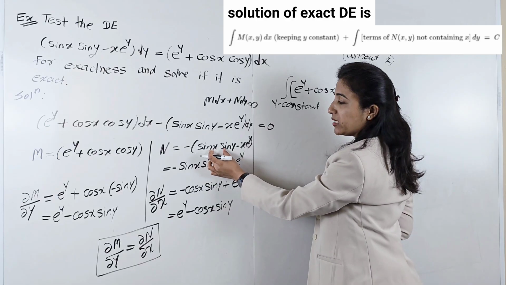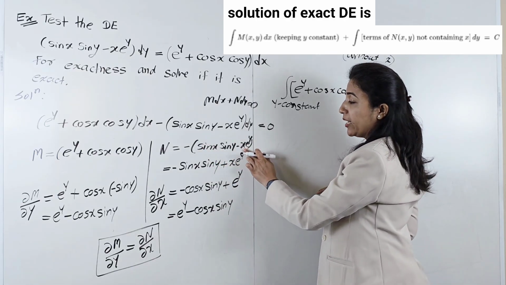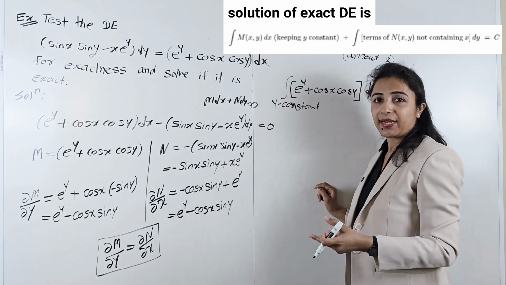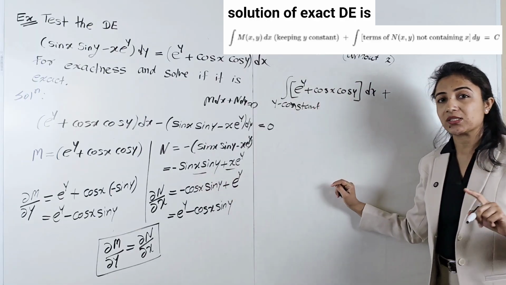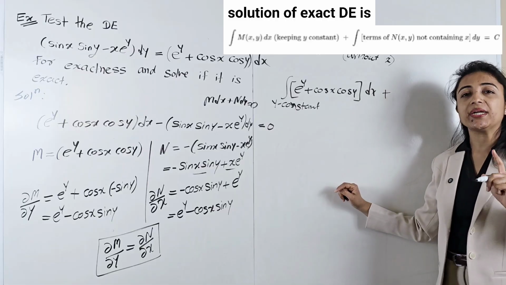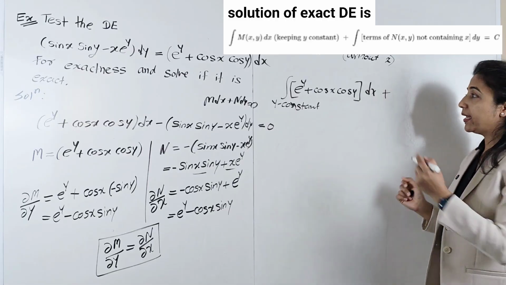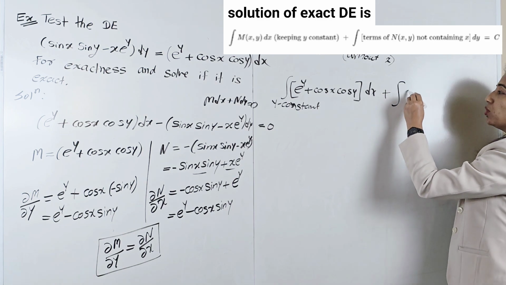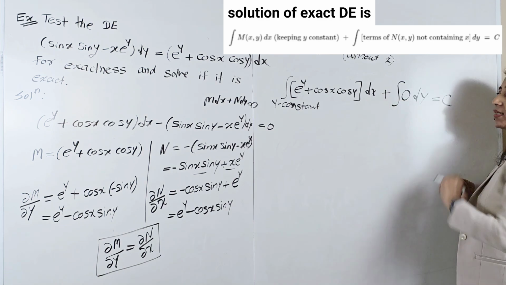The first term of N contains x, so obviously we have to skip this term. The second term also contains x, so again we have to skip this term. So both terms in N contain x, and we want a term which does not contain x. Without-x terms are not present in N. That's why there is no term, so we will take 0, equal to the integrating constant c.